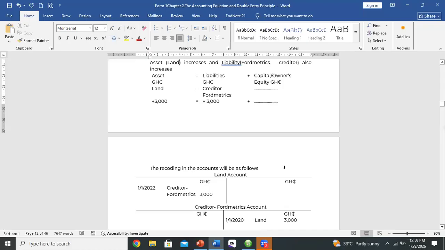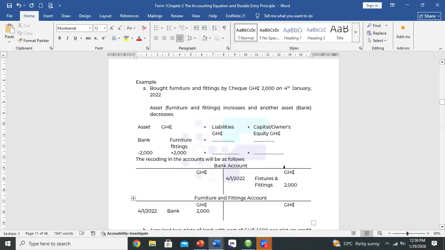An increase in assets and a decrease in assets. So the effects were: assets, furniture and fittings, will increase. So there's an increase in assets, furniture and fittings, and another asset, bank, decreases. Bank is decreasing because we are paying with a cheque.